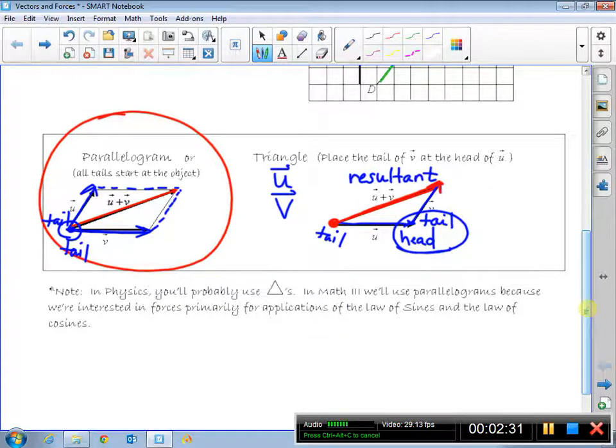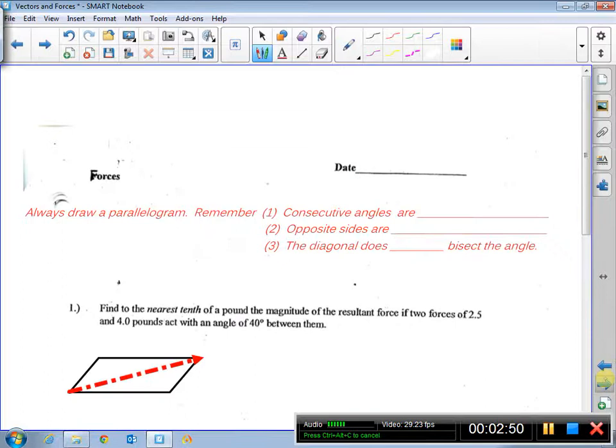And the resultant of the sum of those two vectors is this diagonal. So this is the method that we'll be using. Every time I draw these, I'm going to use a parallelogram. And we'll go over on the next page some of the properties of parallelograms.